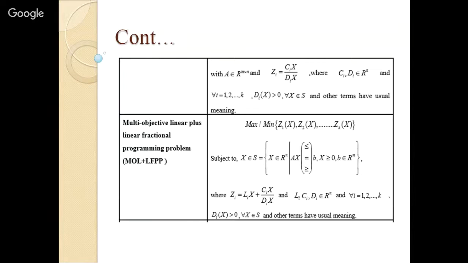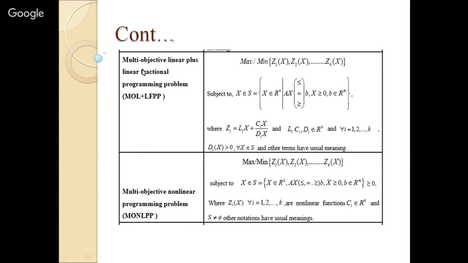Right? This is multi-objective linear fractional, linear plus linear fractional. This is the same. And this is a multi-objective non-linear programming problem. So each and every objective function is a non-linear function. It is not linear. It means the relationship between the variables is non-linear in nature.